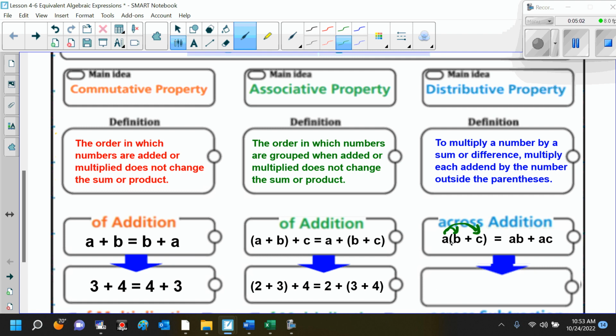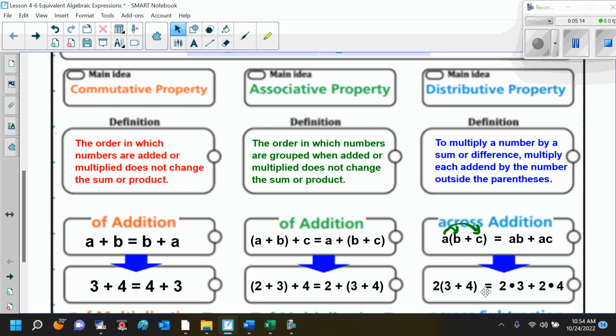So A times B, that's AB, plus A times C. If we put numbers in there, you'll see how it works. We've got 2 times the quantity 3 plus 4. That's going to be 2 times 3 plus 2 times 4. And then we can simplify that. But that's how we show the distributive property using addition.